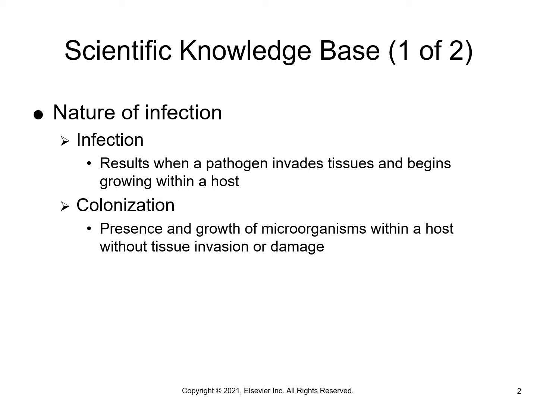Anytime you have less than 50,000 CFUs, you're considered colonized. You just have a number that's not reaching the number of bugs that can cause an infectious process. So CFUs are colony forming units. You have to have around 100,000 colony forming units so that you can produce that infection.